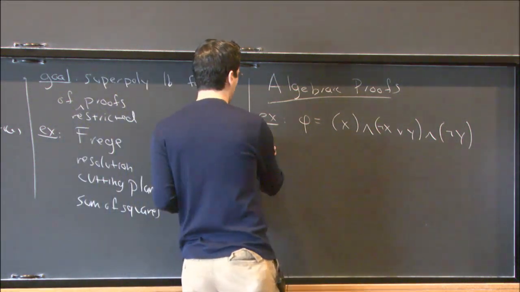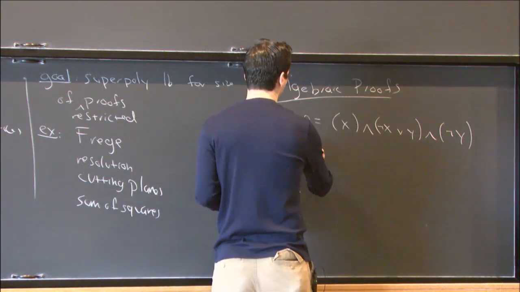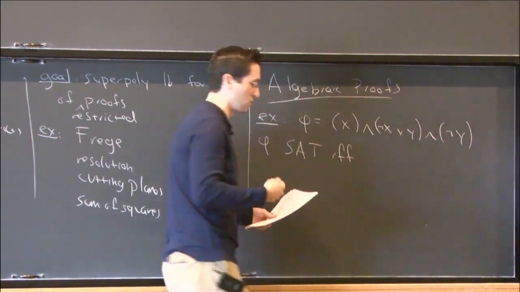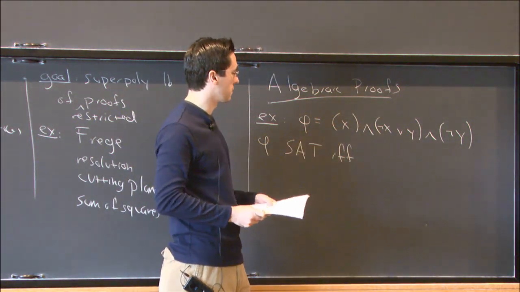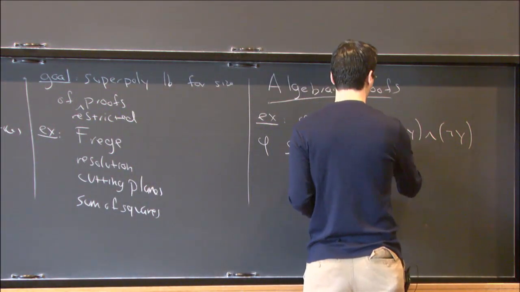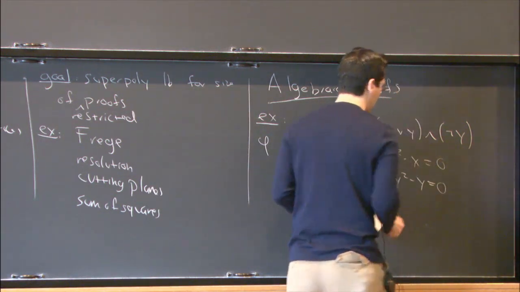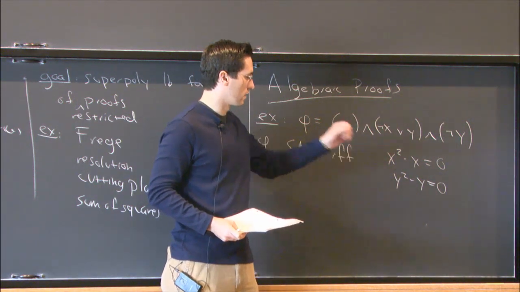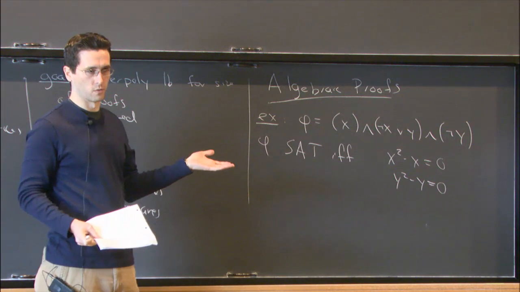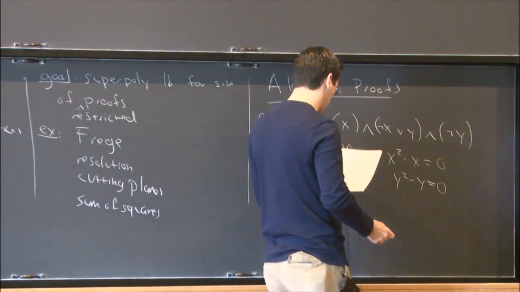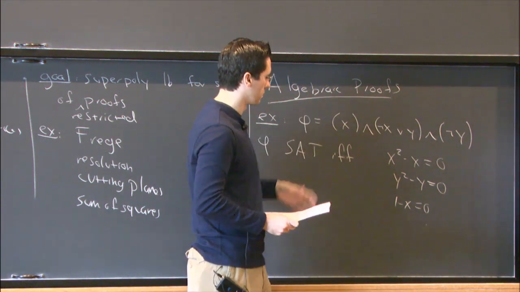And the point is that I want to encode this into algebra. And how can I do that? Well, this is satisfiable if and only if the following system of algebraic equations is satisfiable. So first, I want to encode that these are Boolean variables. So I can consider equations like x squared minus x equals 0, which is satisfiable if and only if x is 0 or 1. And then I can also throw in equations like 1 minus x equals 0, which is saying that x is 1.